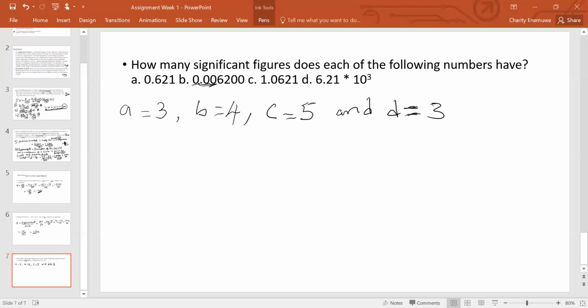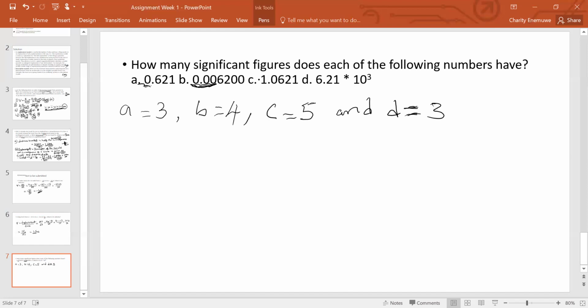So for the first case, we have a non-zero digit, and we will not count the trailing zeros. We now have the answer to be 3 significant figures. For the B, we will not count the leading zeros, but we'll count the trailing zeros because of this decimal. So we have 1, 2, 3, 4 significant figures.